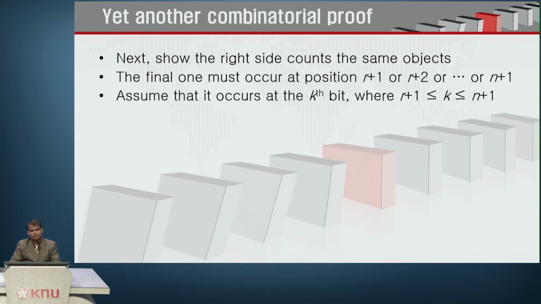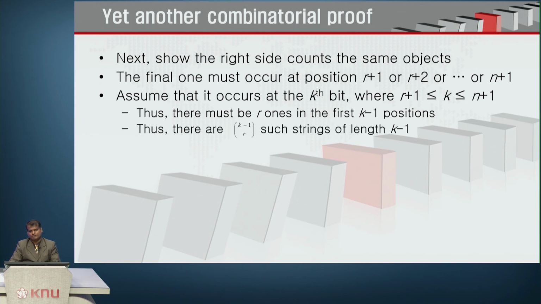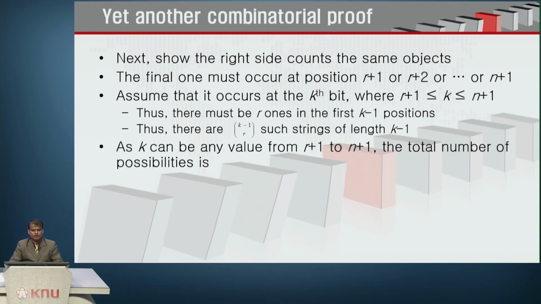Then we assume that it occurs at the kth bit, so k lies between r plus 1 and n plus 1. If it occurs at the kth bit, then there must be r ones in the first k minus 1 positions. So there are k minus 1 choose r such strings of length k minus 1. That is the part here: k minus 1 choose r equals j choose r.